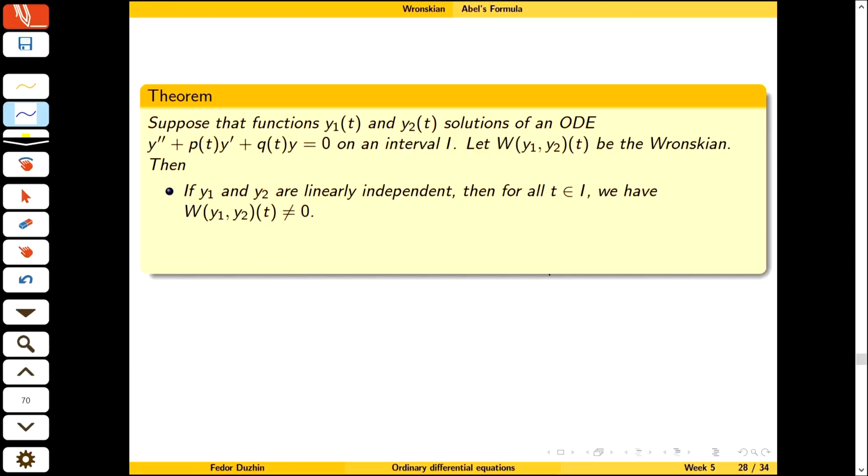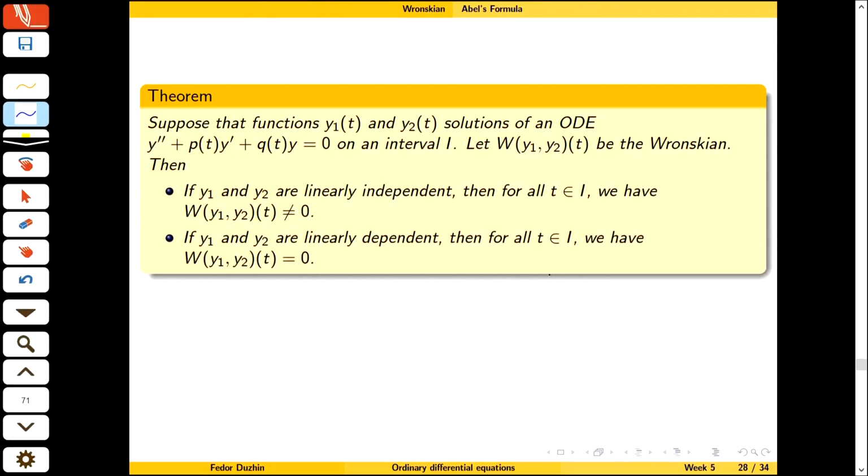Either they are linearly independent, in that case the Wronskian is never 0, or they are linearly dependent, then the Wronskian is constant 0. Now let me explain again. The second part is obvious, and we already proved it. From Abel's formula, it follows that the Wronskian is either constant 0 or is never 0.